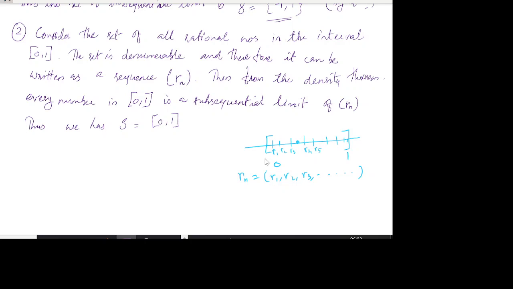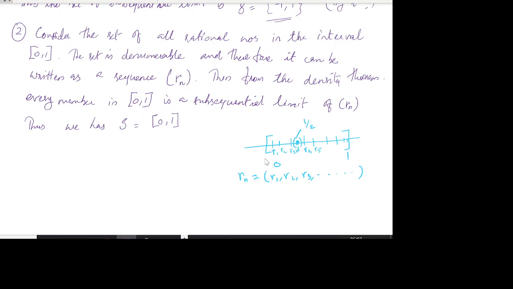Because if you take any open interval containing a point, the density theorem says it will definitely contain rationals. We studied the convergence of limits too, so there always exists an xn. Suppose you select a number from the closed interval [0, 1], say 1/2.